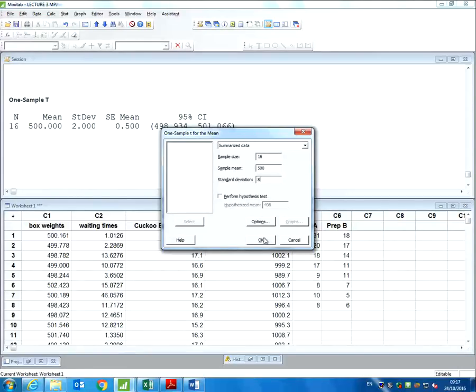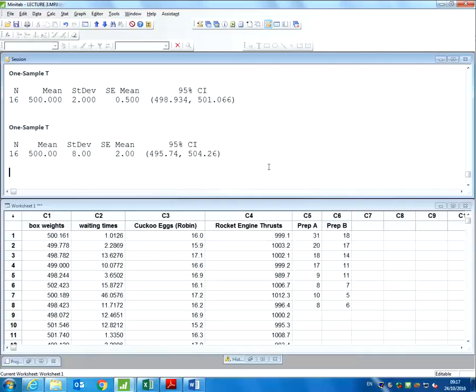Will the interval get wider or narrower? Do you all think wider? We'll see if you're right. Were you right? It obviously makes sense to everyone that the standard deviation is a measure of dispersion. The larger it is, the more spread out the data is, and the wider the confidence interval will be.